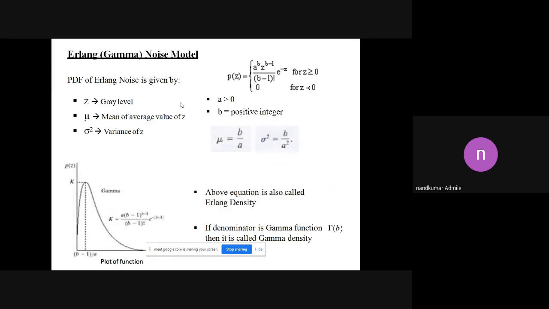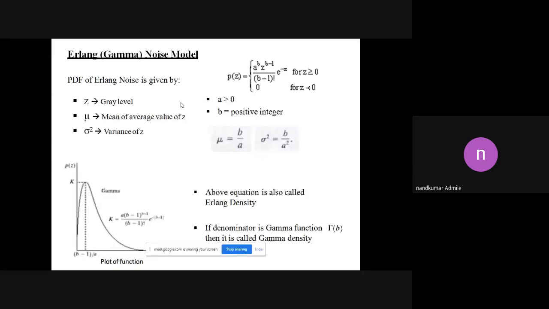Okay, so now next is the gamma noise model, or we can call it the Erlang noise model. How can we consider the gamma noise model? The gamma noise is always present at the start of an image.